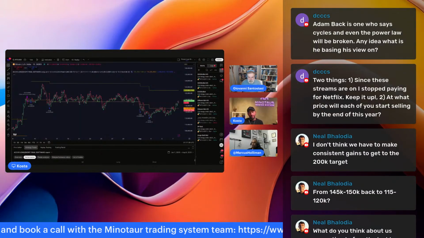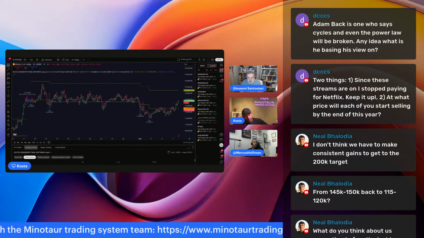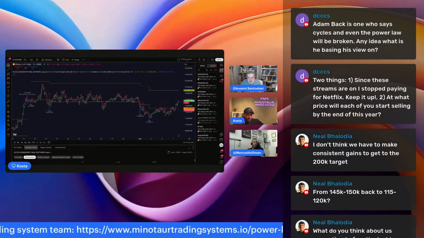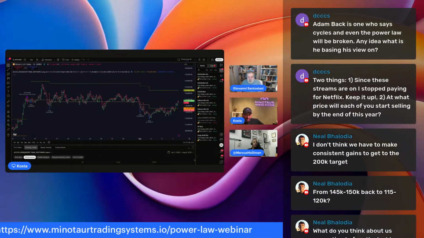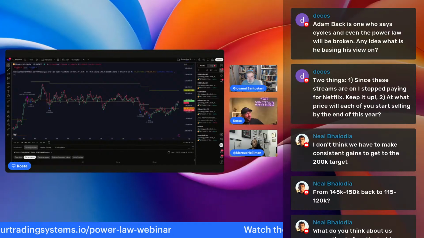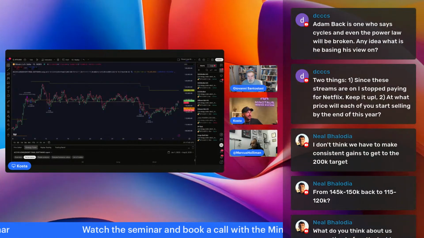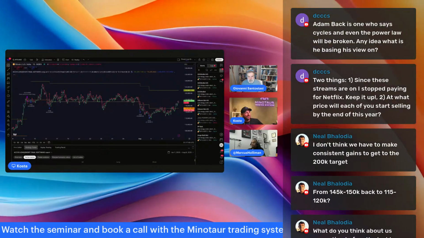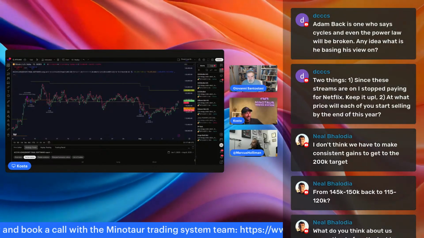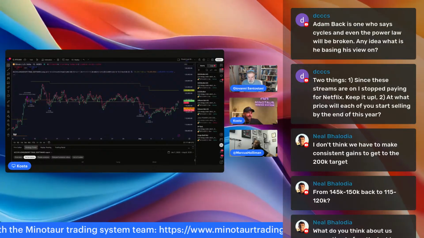Well, what does that mean? It means that if you've got Minotaur, you can sell that portion of your holdings at the price that you think. Well, you think, okay, we're definitely going to go to 160 because I've been listening to Marcus and I can see the local liquidity and I think that there's a logical and reasonable argument, and almost a scientific and data one, that gives me that.